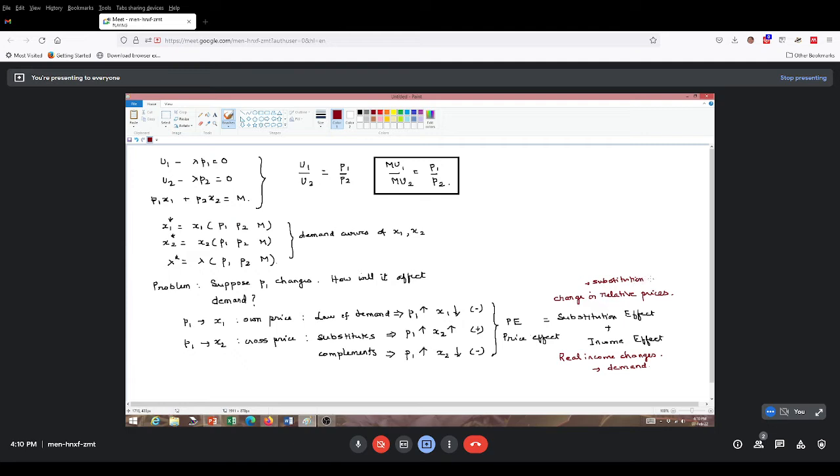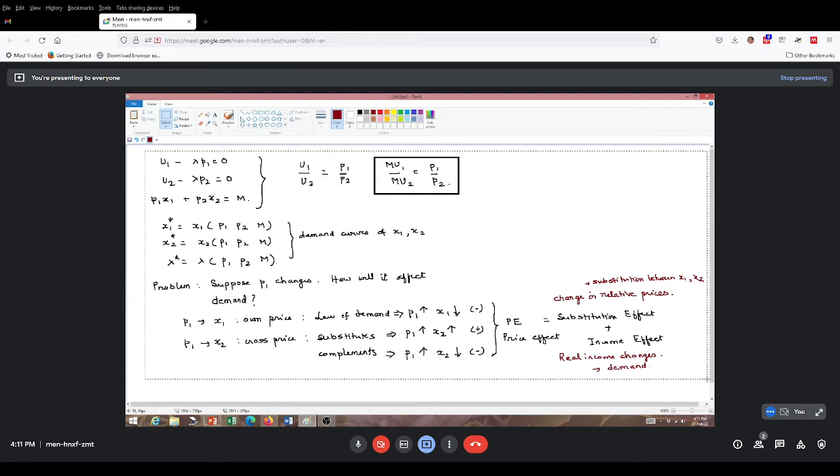If price goes up, real income falls, and this will lead to demand for both commodities decreasing.